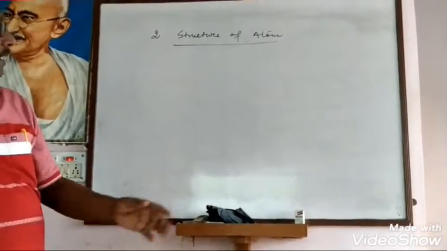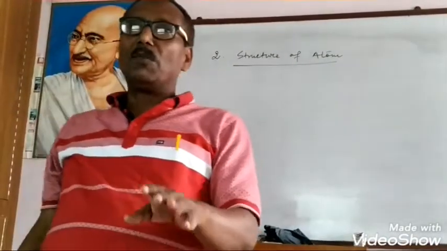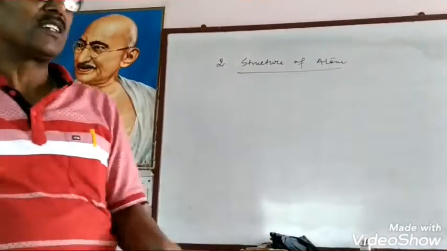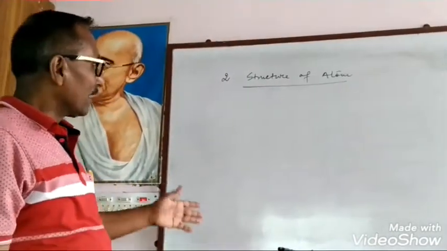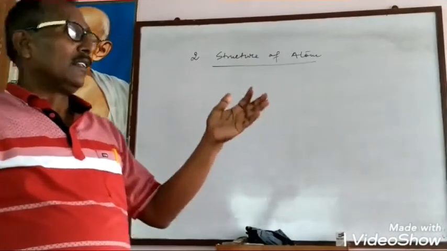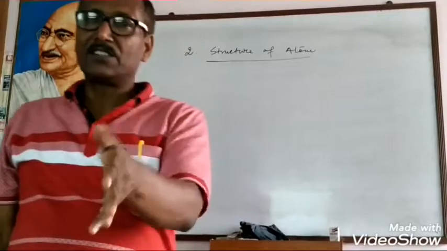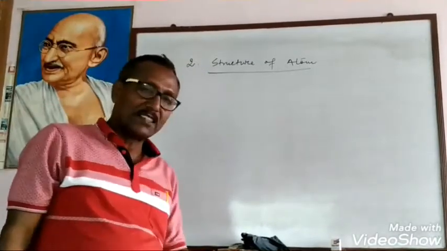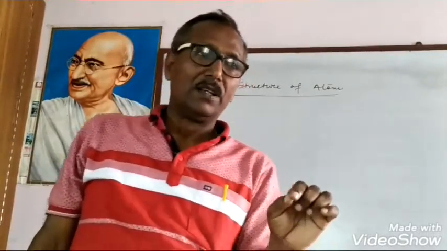Students, this structure of atom you might have learned to some extent in class 9 also. There you might have heard the name atom, their constituents electron, proton, neutron, etc. And at the same time Dalton's atomic theory also.